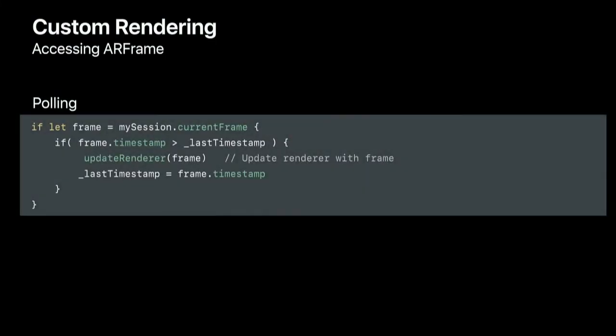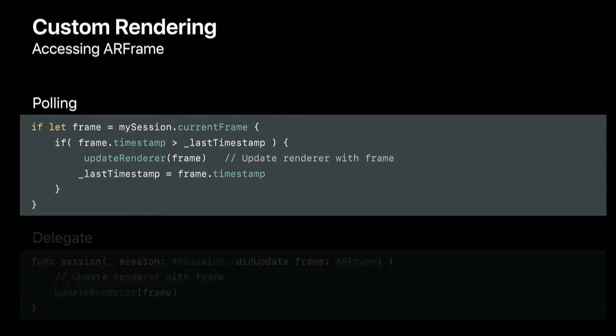One is by polling the currentFrame property on ARSession. So if you have your own render loop, you could use this method to access the current frame. And then you should also take advantage of the timestamp property on ARFrame in order to avoid rendering the same frame multiple times.